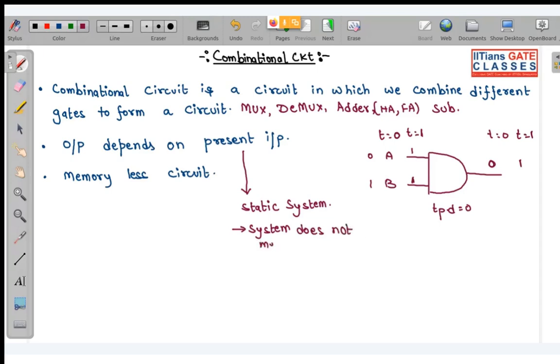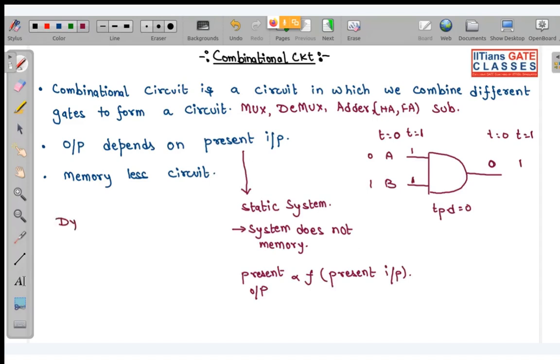What do we mean by that? Does not have memory means that your present output is a function of present input. So this is what combinational circuit is, a static system.